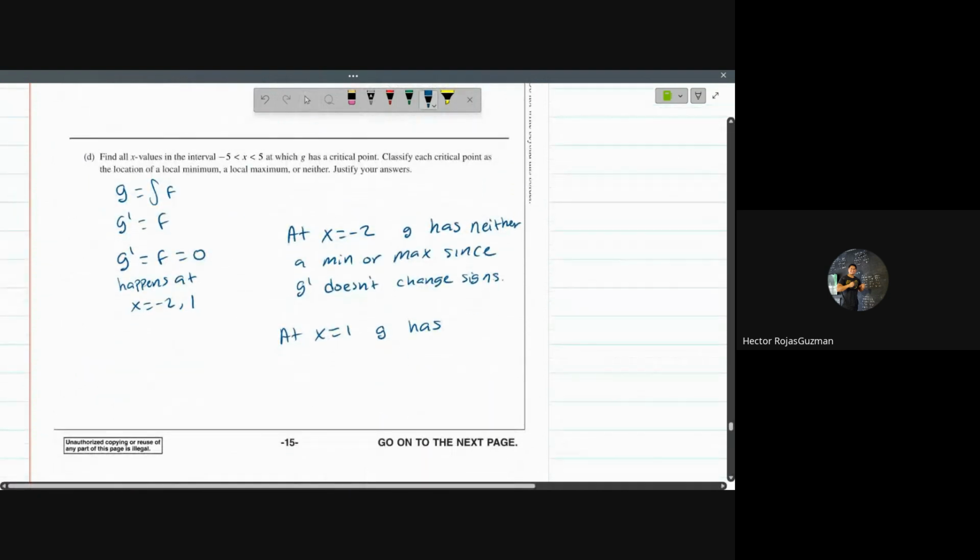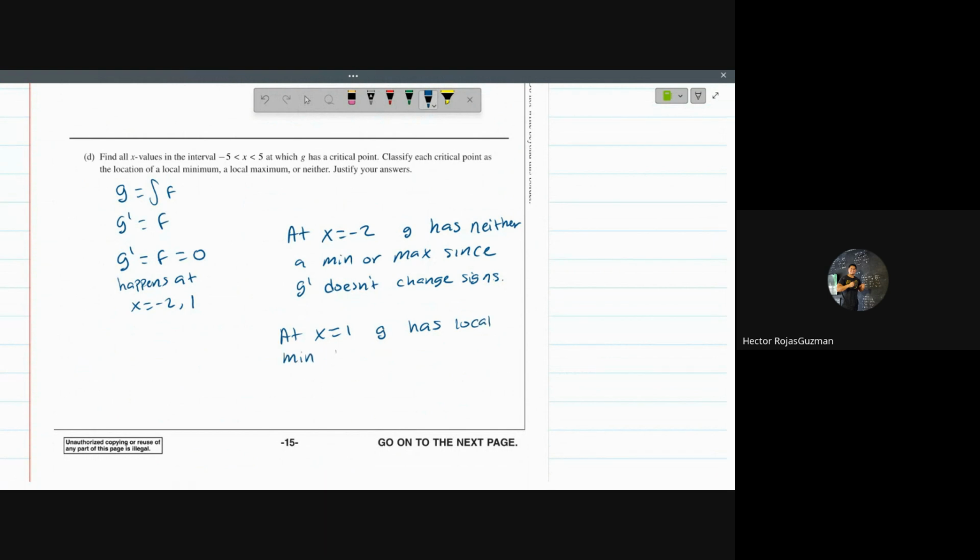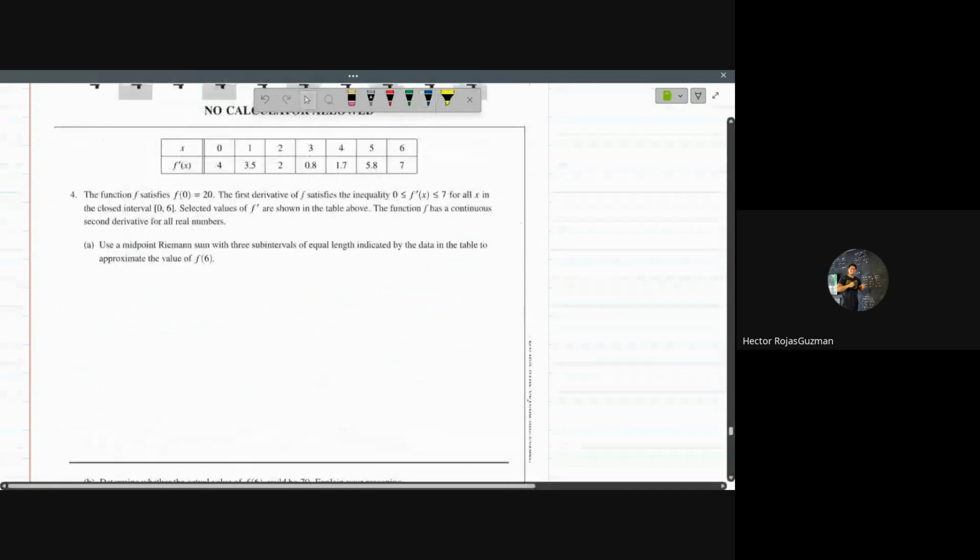G has a local minimum because g prime goes from negative to positive. That's it. Perfect. Moving on.